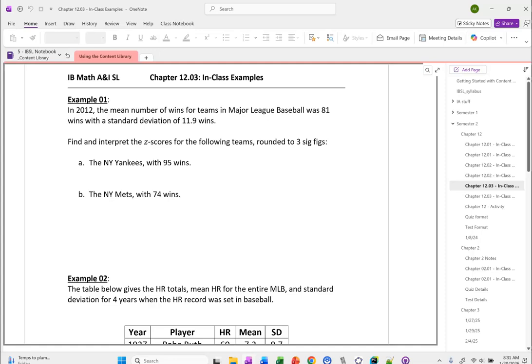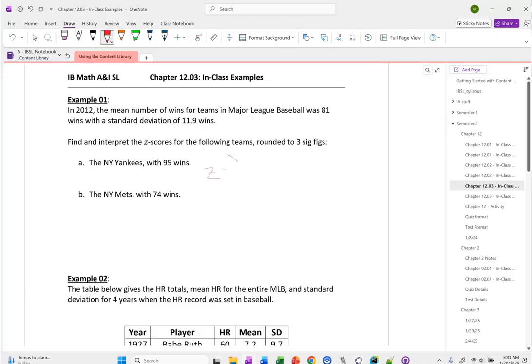The other thing that the z-score formula does is it also is a transformation where if you apply that z-score calculation to every value in your normal distribution, it'll convert that normal distribution to a standard normal distribution. But the formula for a z-score is the observation minus the mean divided by the standard deviation.